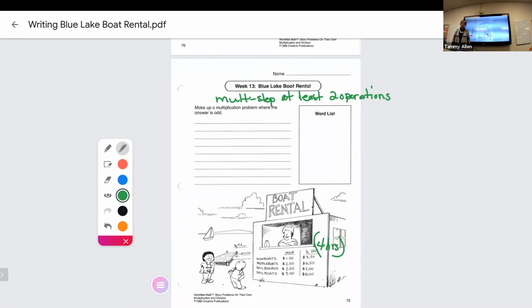So depending on how our story is going to go, depends on what words we're going to choose, right? If we're going to add, we've got altogether, sum, plus, total, join, both, increase, combine, in all.